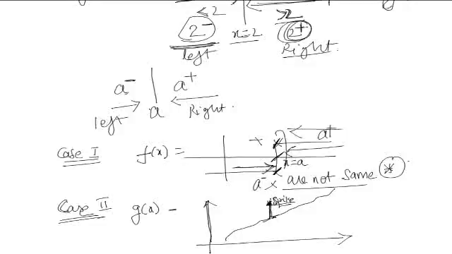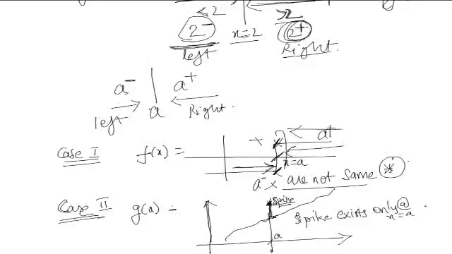This is happening only at a. Please remember this function is such that the spike exists only at x equal to a.